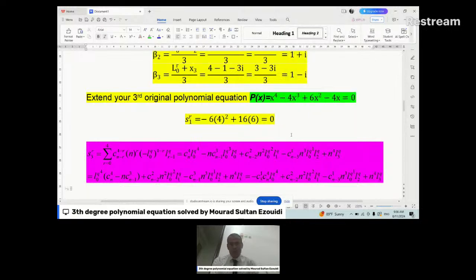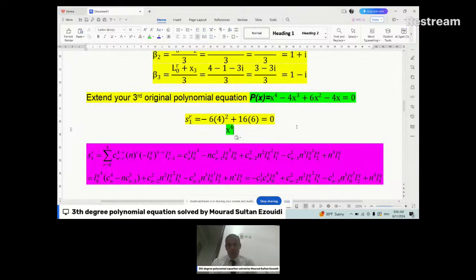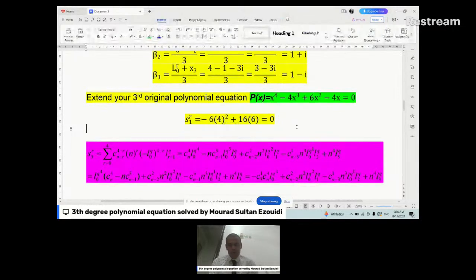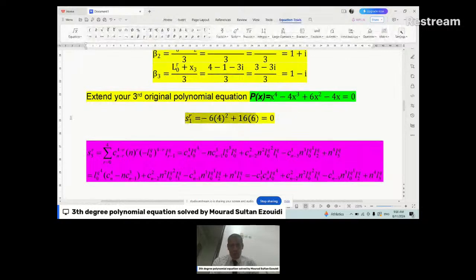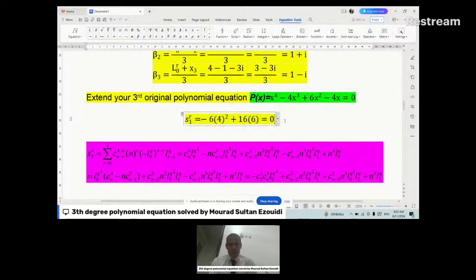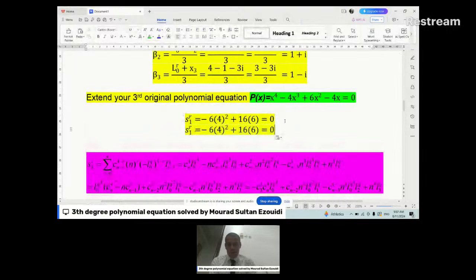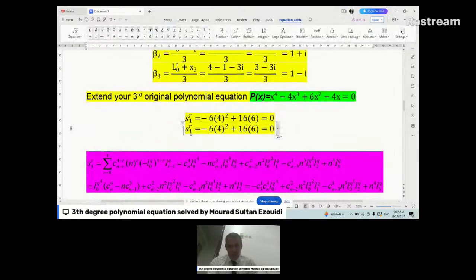Now for S2, I will write S2 now. I will make a copy for this. I will calculate S2, learners. Of course, you know the formula now. S2 we can get from my own discriminant formula.